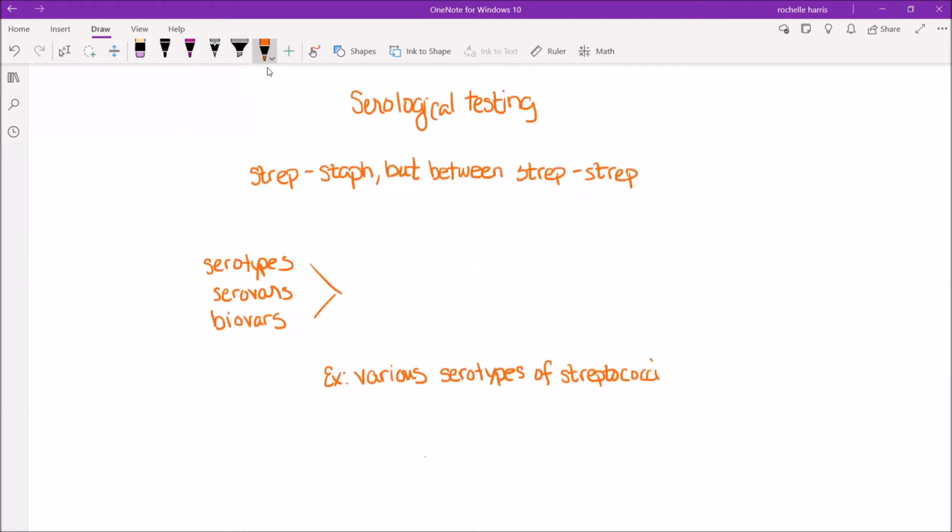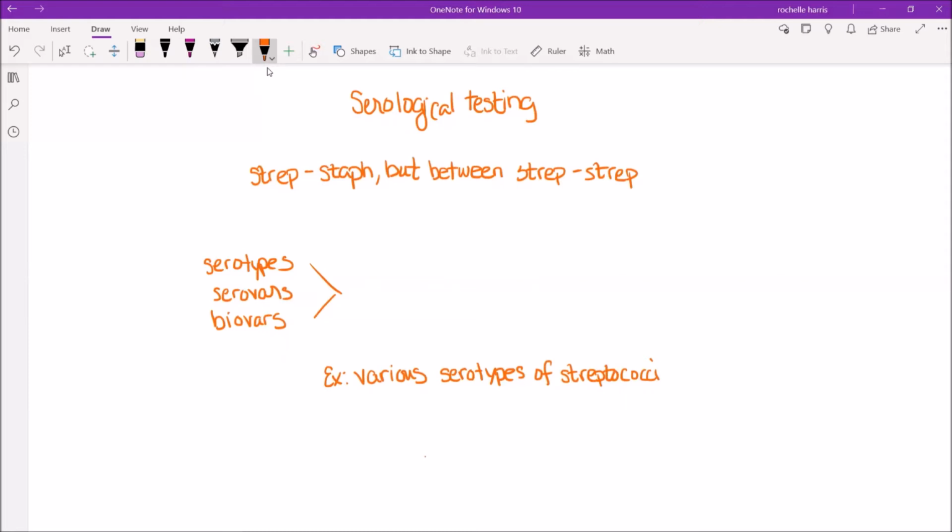Here's some info on serological testing. It's not only used to differentiate between microbes such as strep and staph, but between strep and strep, between the specific species within that species. So we have serotypes, serovars, and biovars.